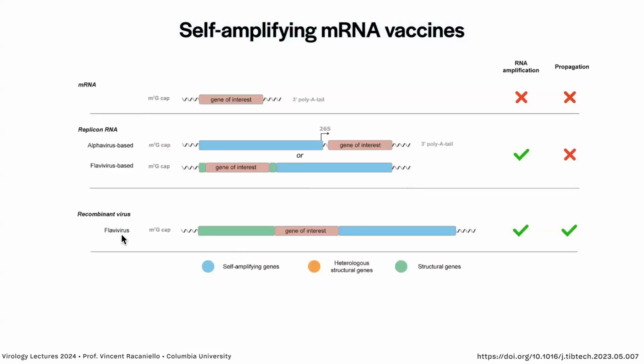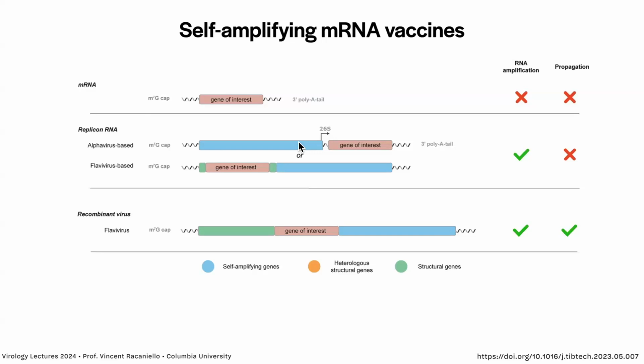So we talked just briefly about recombinant RNA viruses like flaviviruses, where you put a gene of interest in the genome. And these recombinant viruses can replicate, and of course their RNA is amplified. But replicon RNA and mRNA vaccines are shown at the top. It's just an mRNA, doesn't get amplified, it doesn't propagate. But you can make self-amplifying mRNAs. Here's one based on alpha viruses. Here's the gene of interest, and it's like a spike protein, for example. And up here are the RNA polymerase genes of the virus.